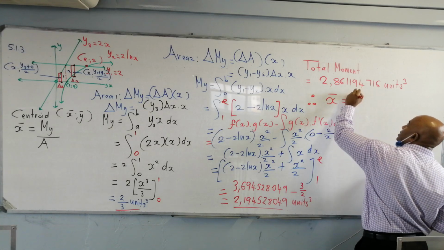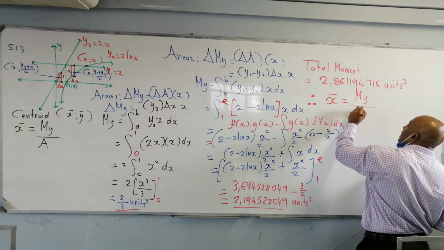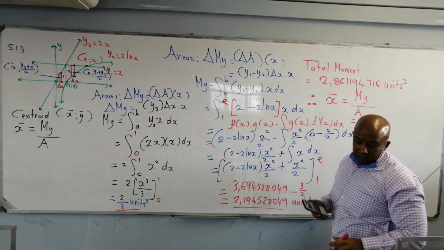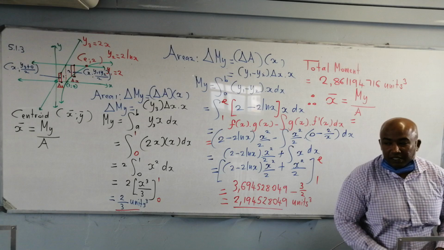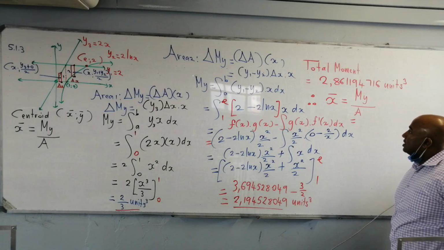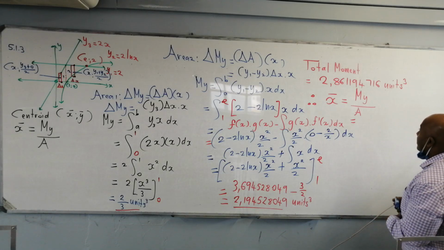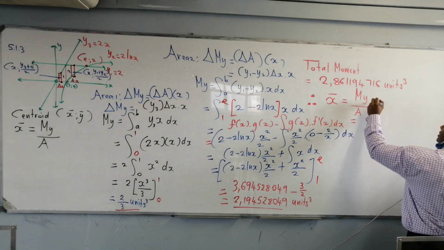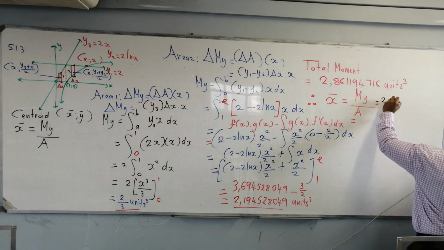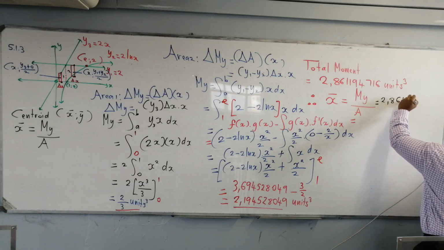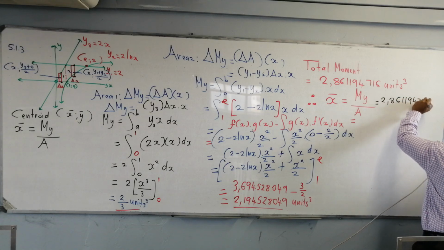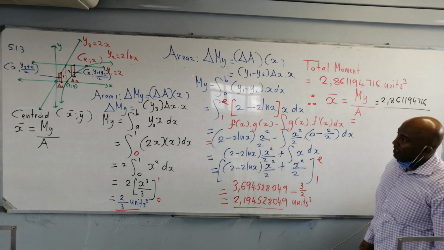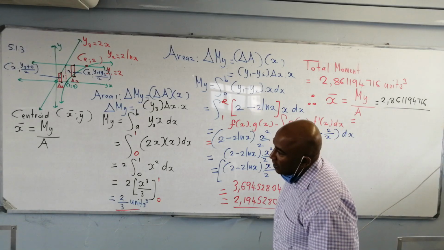So therefore x bar is going to equal to My over A. And what was my total My? Total My, which we just worked out now, is equal to 2,861,194,716 divided by the total area. What was our total area?